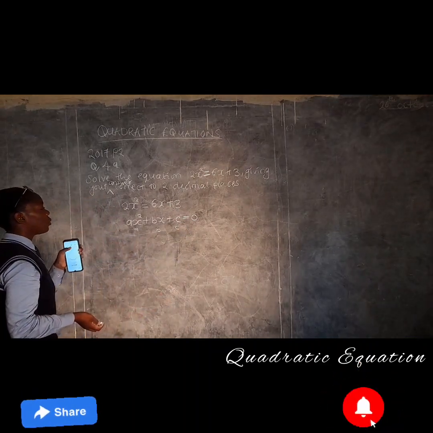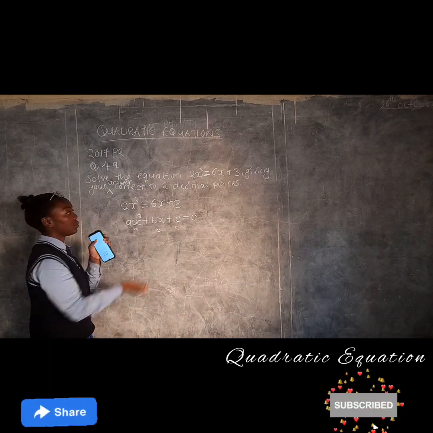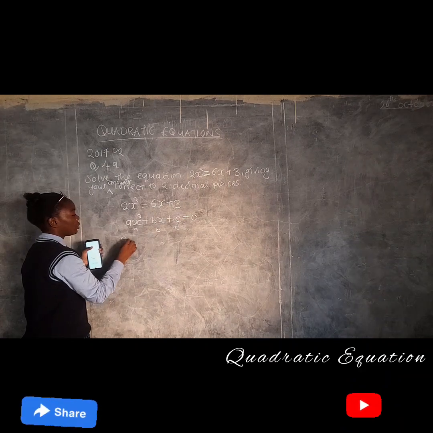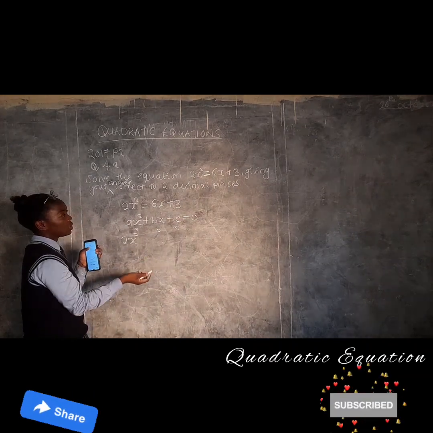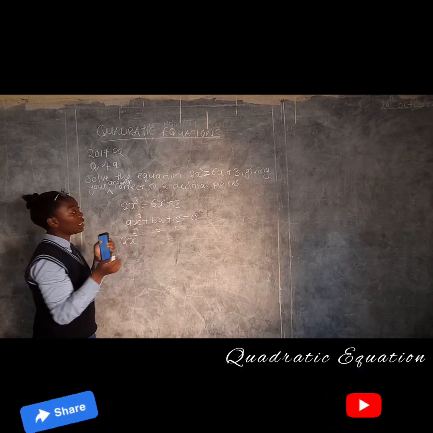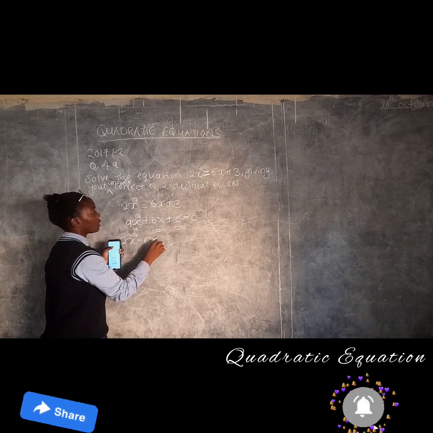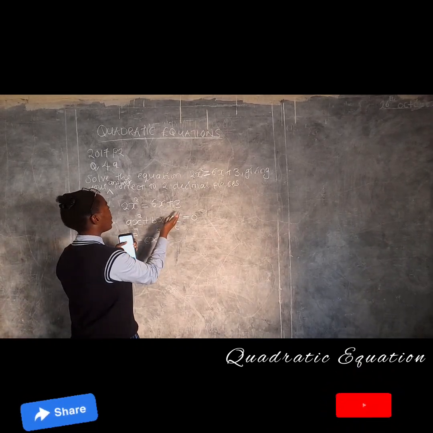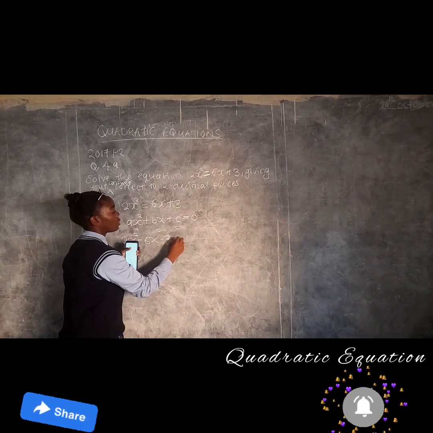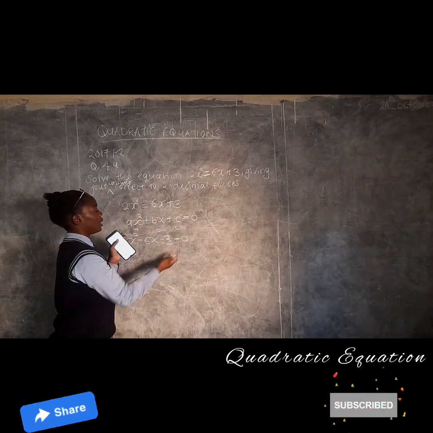So that way, since we've been given the formula here, it's going to be easy for us to arrange our equation. So it's going to be 2x squared. 6x is supposed to cross the equal sign, meaning the sign is going to change, so it's going to be negative 6x. 3 also has to cross the equal sign, so it's going to be negative 3 is equal to 0.